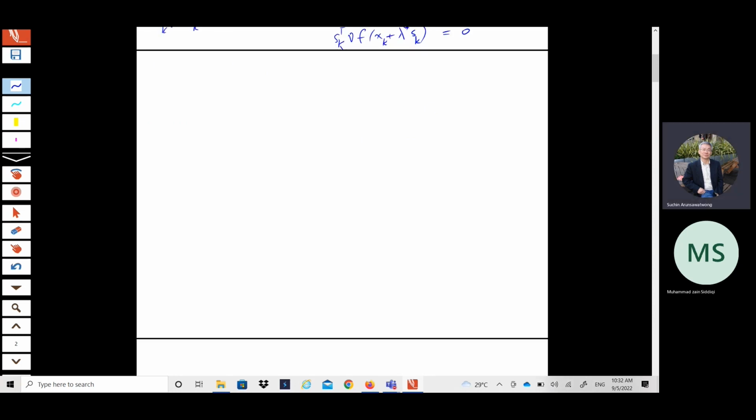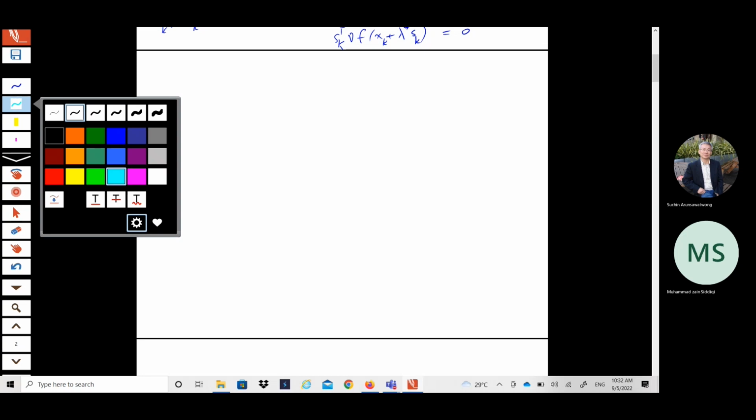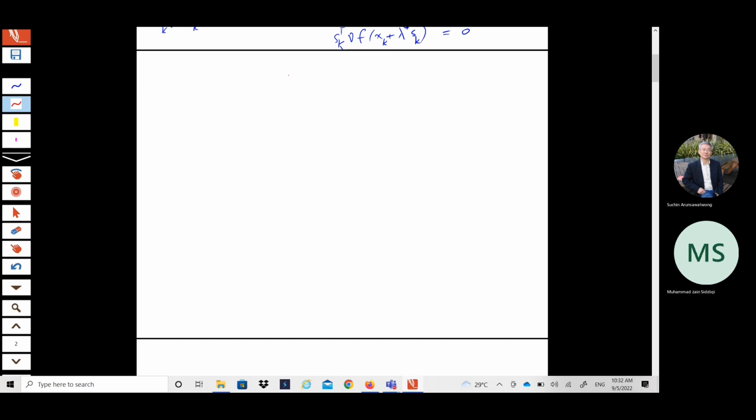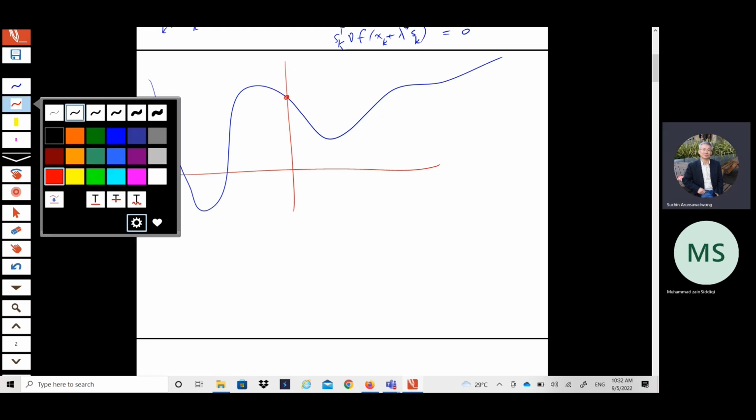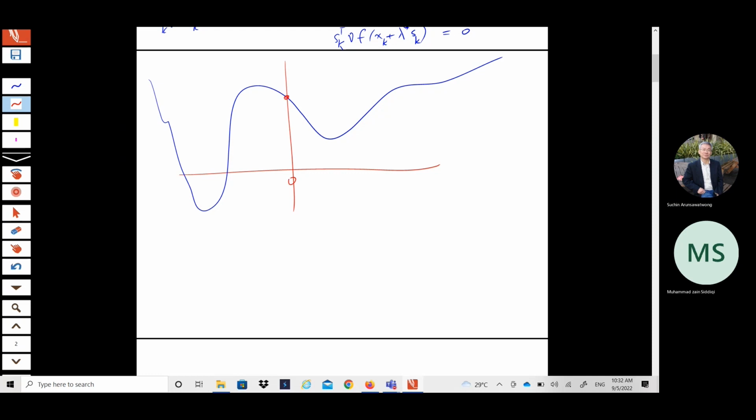Just to give you an example, in this function, you see that this is the slope at this point.